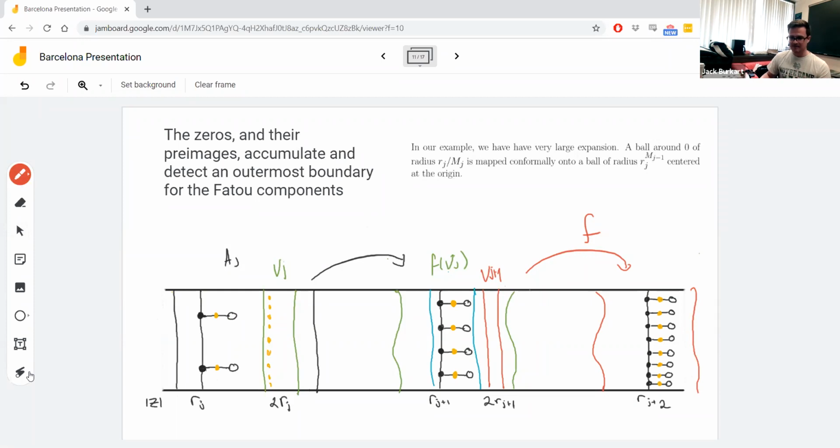Again, the same game: that's going to contain zeros of the function in the annulus Aj plus 2. So I can consider their preimage, which sits inside of Vj plus 1, and then their preimages, which sit inside of Vj. So the preimage of this red annulus is going to be some much smaller annulus, and all of the preimages of these zeros are going to be very close to each other, like so.